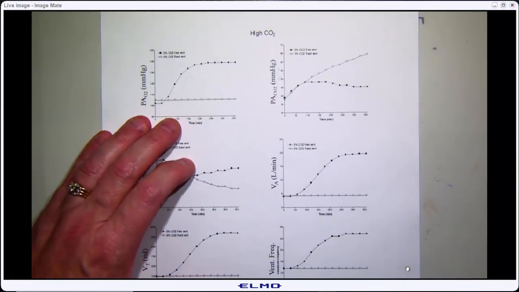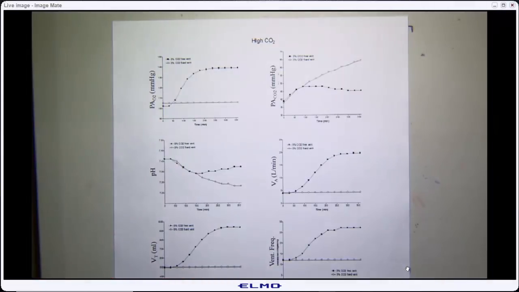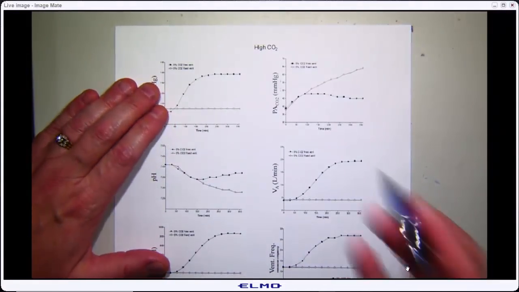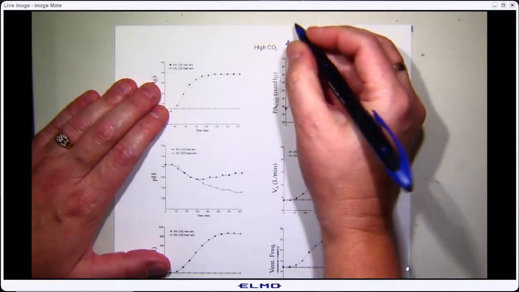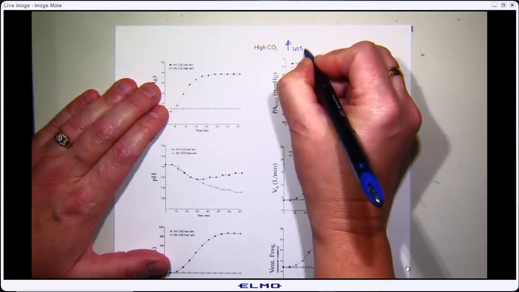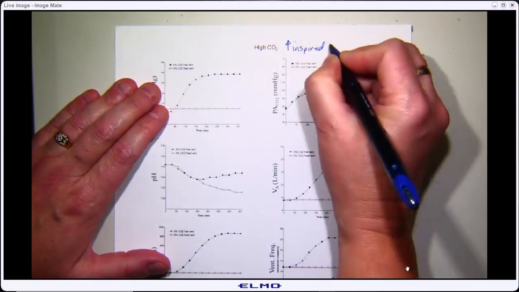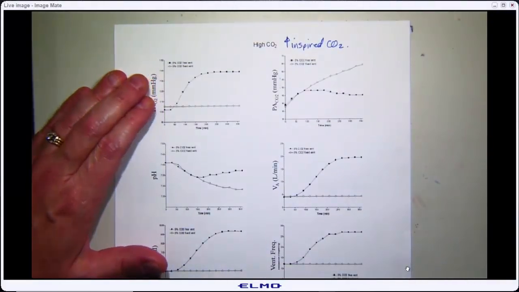Let's go with high inspired CO2. So we're going to trick the whole system here and increase inspired CO2.